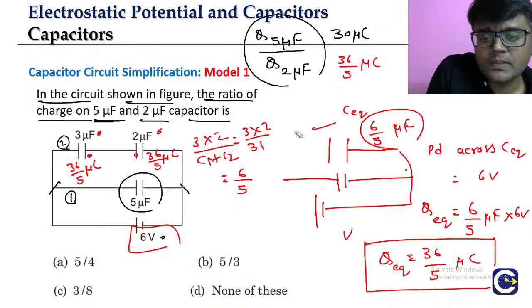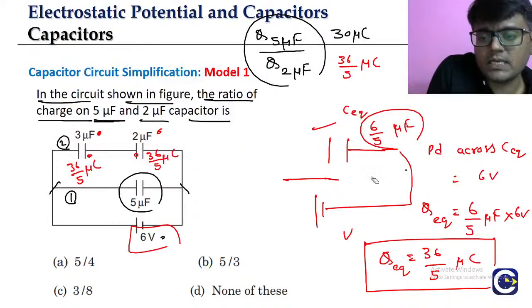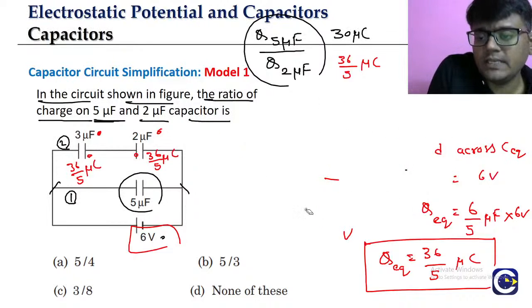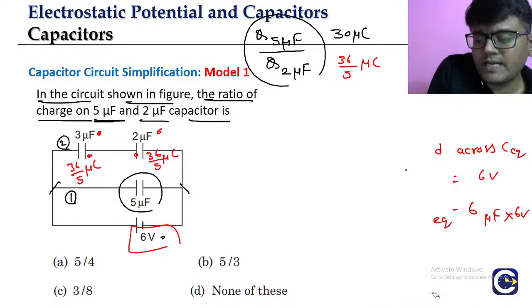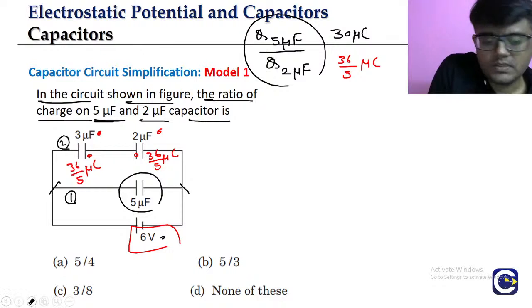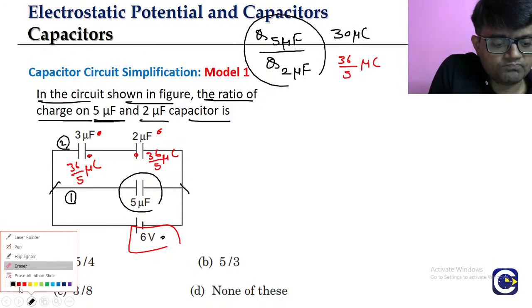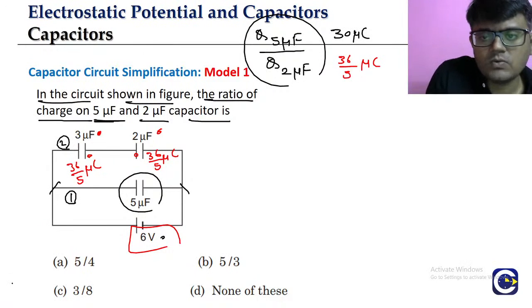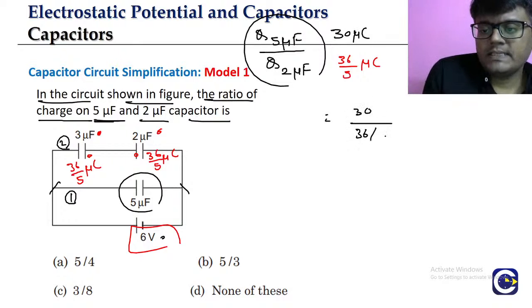See, what will be the ratio of the charge? We just have to take the ratio, 30 divided by 36 by 5. Okay, so what is the ratio of the charge? 30 divided by 36 by 5. The 5 goes to the numerator.